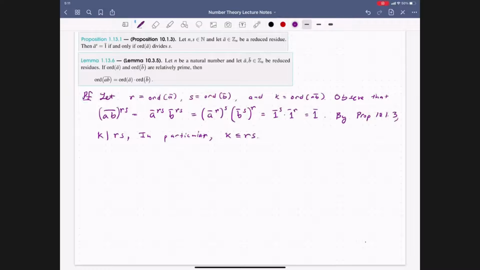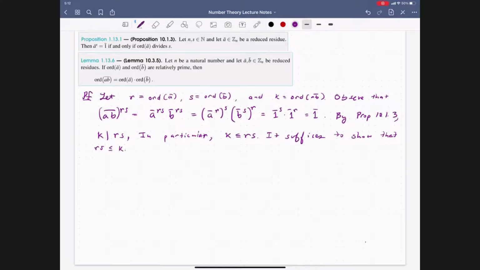And so now what we want to show to prove this is that rs is less than or equal to k.